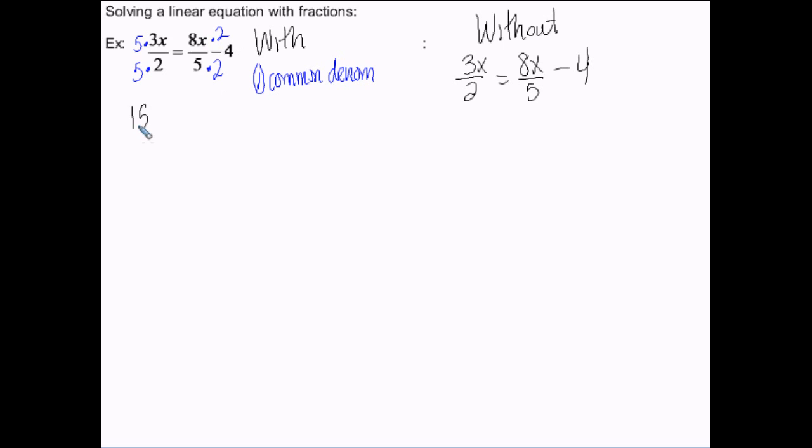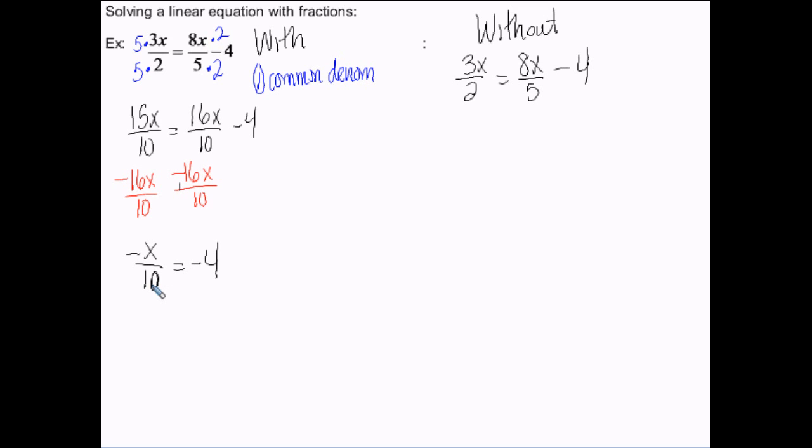To get myself 15x over 10 is equal to 16x over 10 minus 4. Now I'm going to move this 16x over 10 over here, so I'm going to subtract it from both sides, or you can pick it up and move it. 15x minus 16x gives me negative x. Okay.